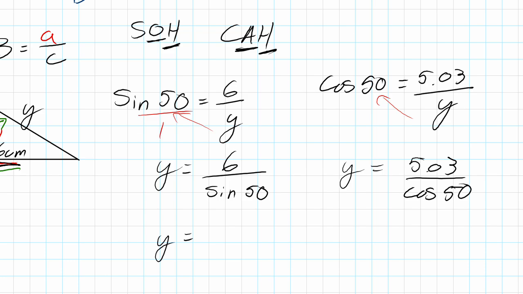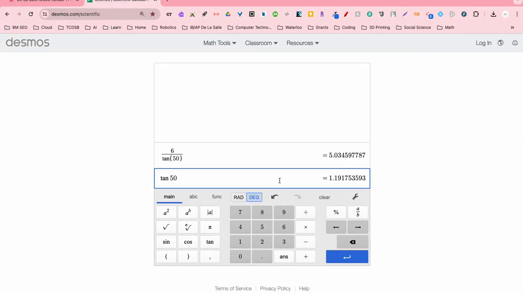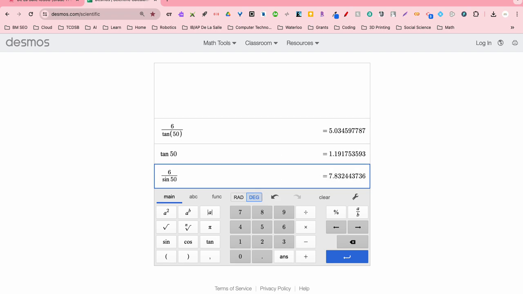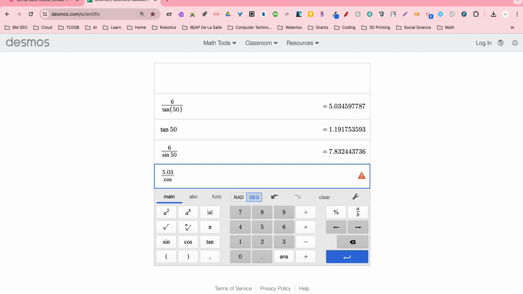One of them was 6 over it, and the other was 5.03 over it, and we have sine and cos. Our first one, we had 6 divided by sine 50, 7.83, and so on. We did do a little rounding here, but let's see how well we rounded over cos 50.